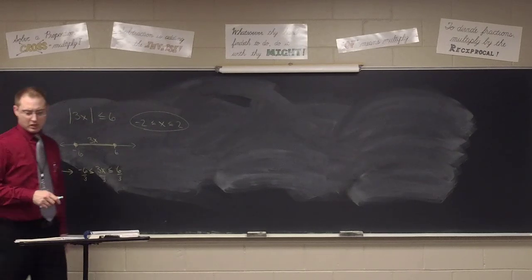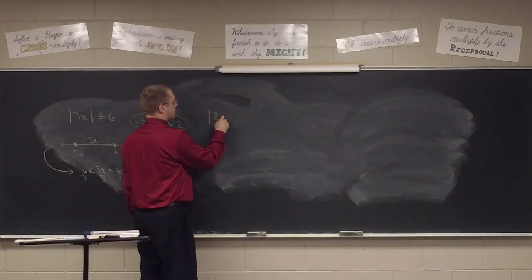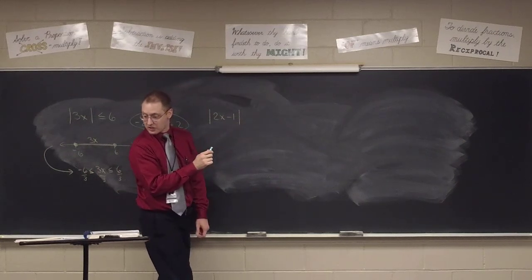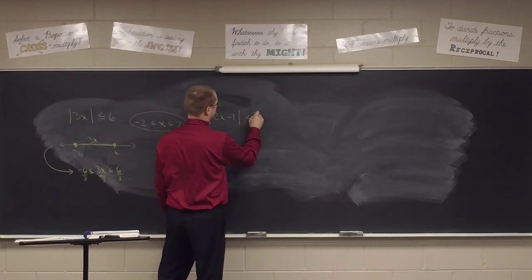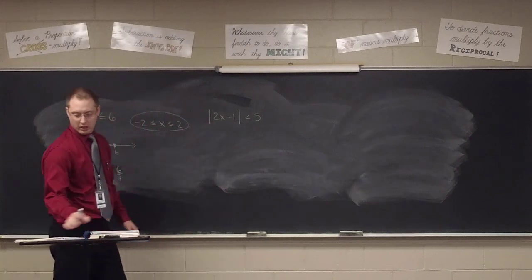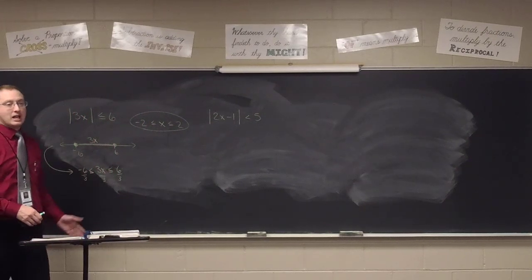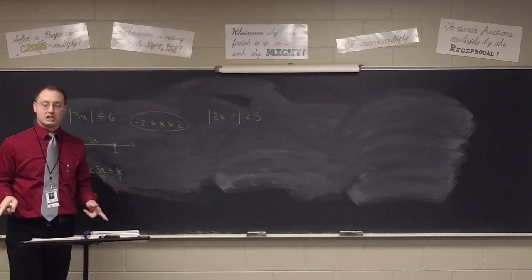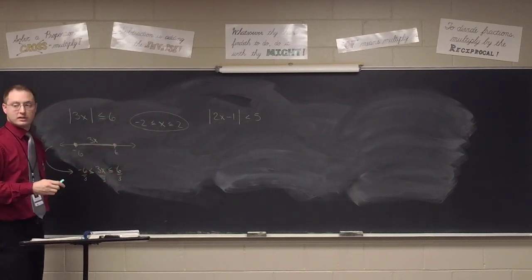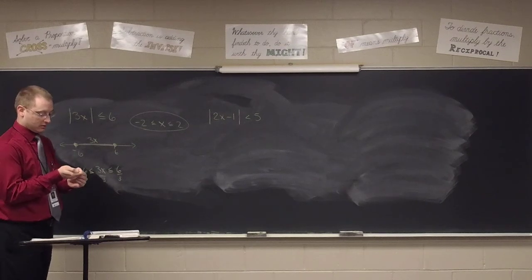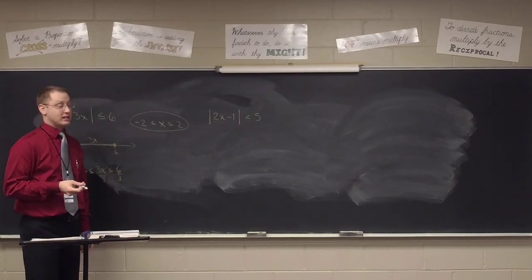Write this one down. Absolute value of 2x minus 1 is less than 5. Again, the first key, you've got to isolate the absolute value. Brecken, thoughts? It's isolated.